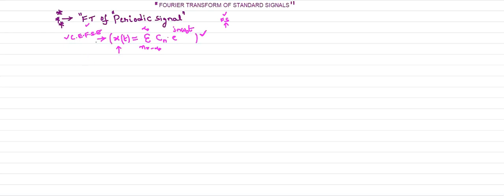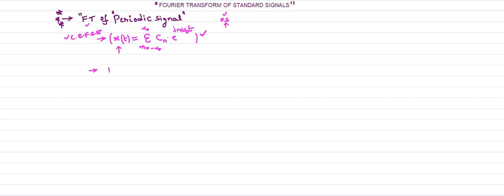Now I want to find out the Fourier transform of the periodic signal. This is a very important question. For that you just apply the Fourier transform on both sides of the above equation.